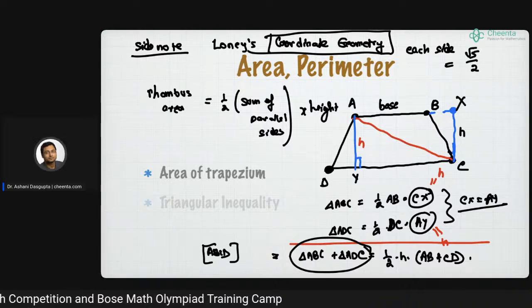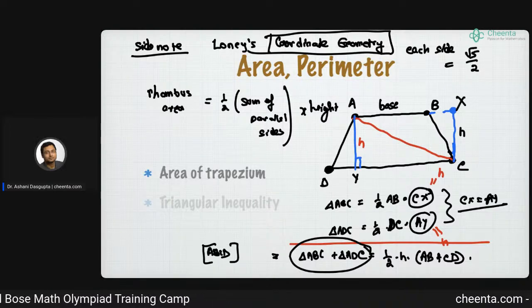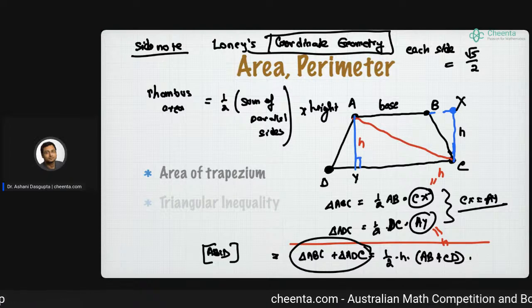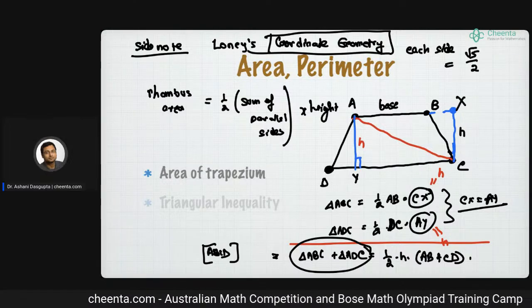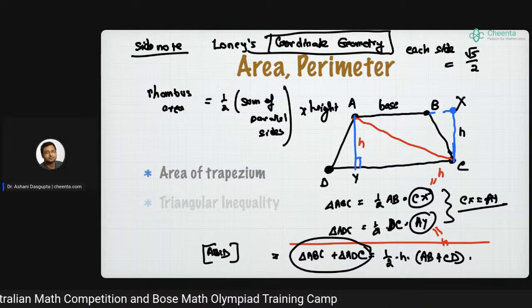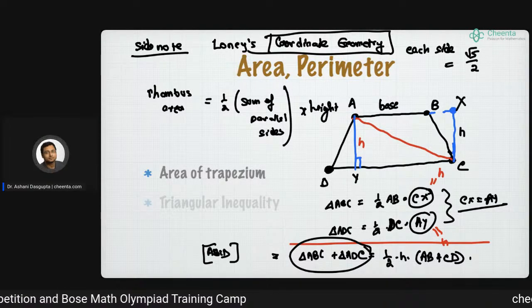That is, if you know the coordinates of the vertices, then you can find the area of the entire quadrilateral. In that, he does a very nice treatment of the area of a trapezium.